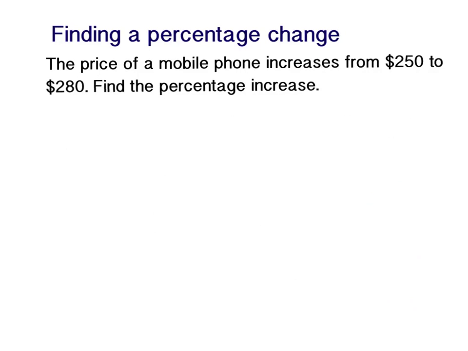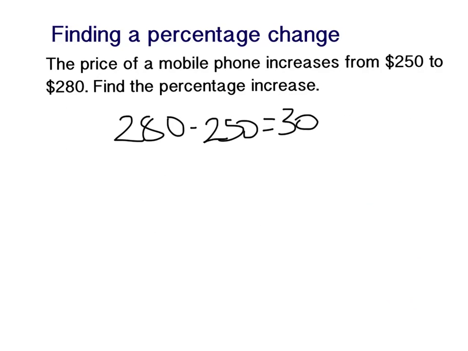The price of a mobile phone increases from $250 to $280. I need to find the percentage increase. First off, by how much? I need to know the change. How many dollars are between 250 and 280? 280 subtract 250 gives me $30.